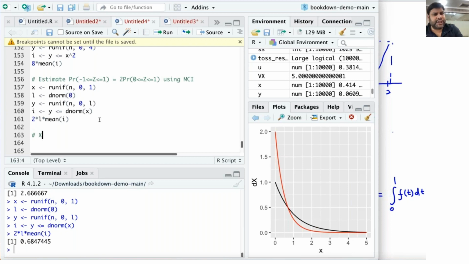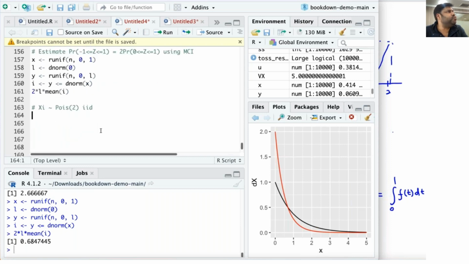Just for visualization, we can do this quickly. Let X be Poisson, let's just pick any lambda, let's say 2. So X is Poisson(2), IID. We know the expectation of X_i is 2. So what we'll do is we'll first generate random numbers from the Poisson distribution.